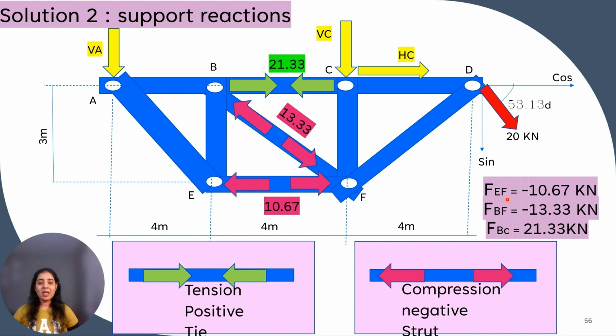So members EF and BF are in compression. So the forces are shown like this, and member BC is having a tensile force of 21.33 kilonewton. So it is shown like this, arrows towards each other.